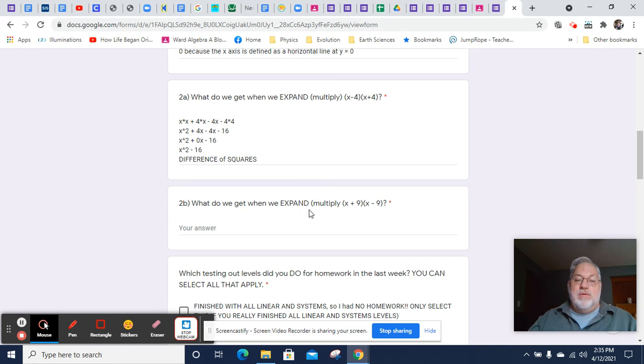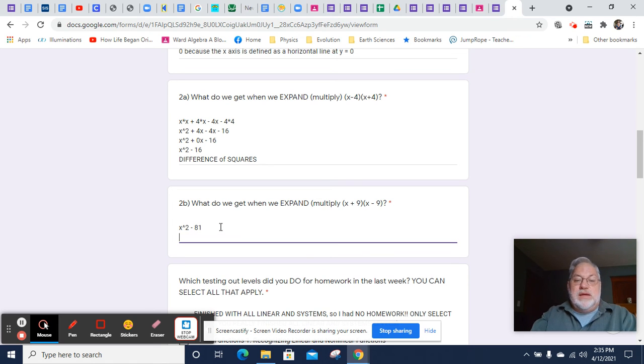All right. What about when we expand or multiply x plus 9 times x minus 9? Okay, well, you might be suspicious that it's going to be the same kind of structure as what we had. And if you are suspicious, you're right. It actually is x squared minus 9 squared, which is 81.